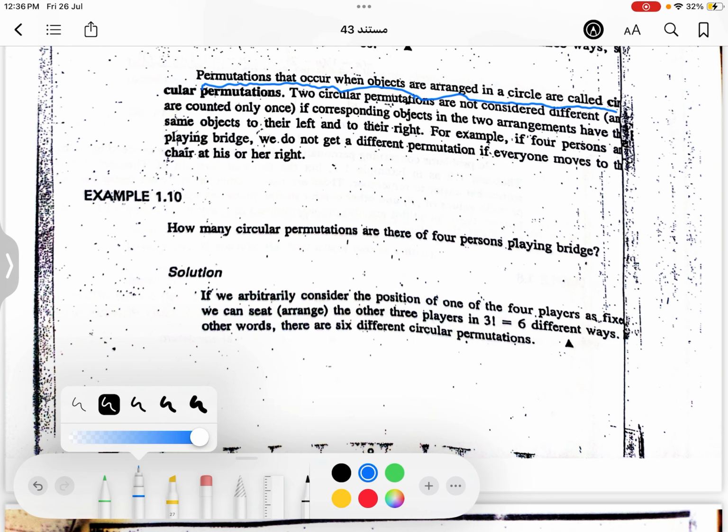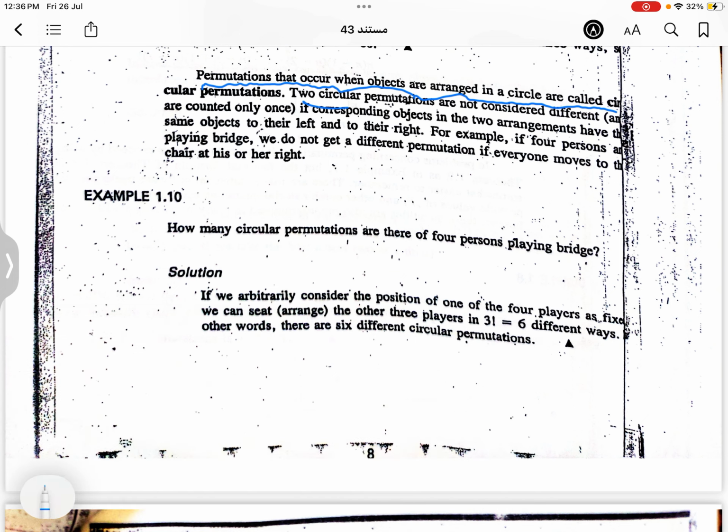Two circular permutations are not considered different if corresponding objects in the two arrangements have the same object to their left and to their right.